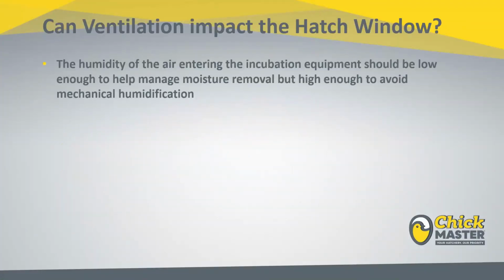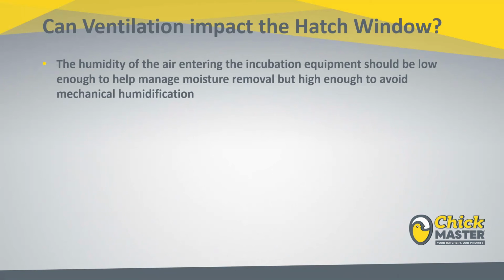The humidity of the air entering the incubation equipment should be low enough to help manage moisture removal, but high enough to avoid mechanical humidification. And for geographic locations where we're starting to get into wintertime, a lot of hatcheries right now are dealing with drier conditions because it's cooling off.